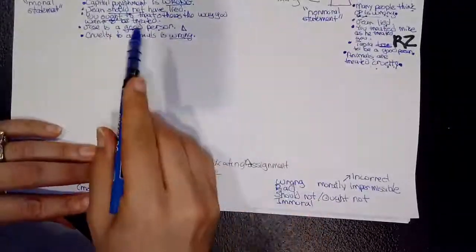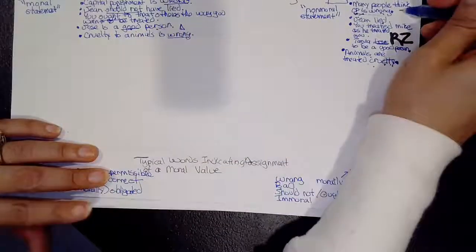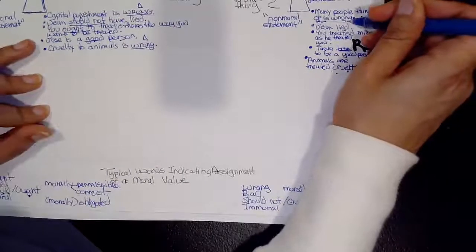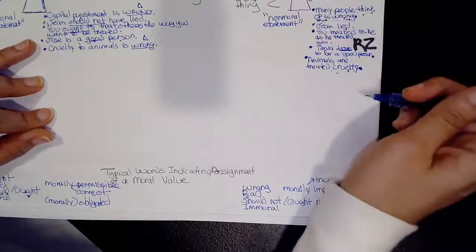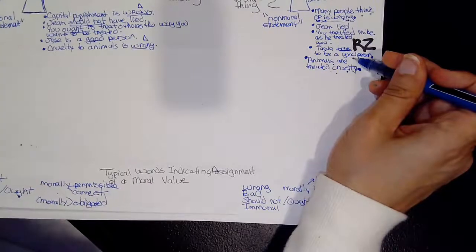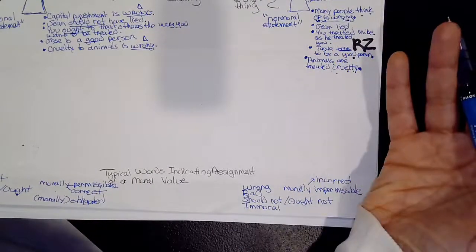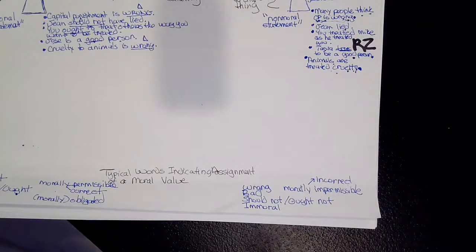I went over this possibility with respect to these examples. So this is a good example of that. This has the word wrong, but it's not a moral statement, and I already went over why. And then this has the word good in it, and yet it's not a moral statement, and I already went over why. So you still have to think critically when you're looking at the statements and trying to decide whether they're a moral statement or a non-moral statement.